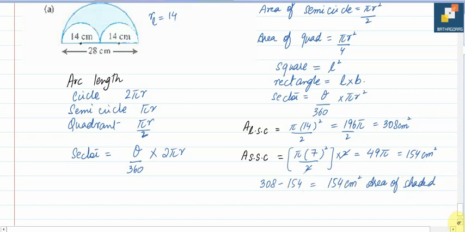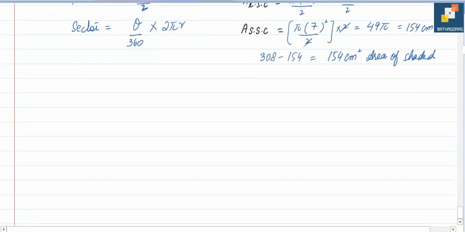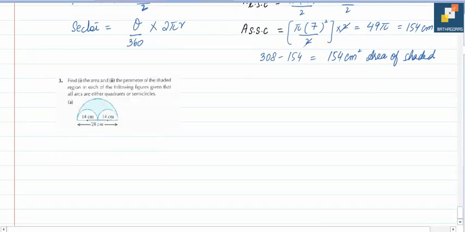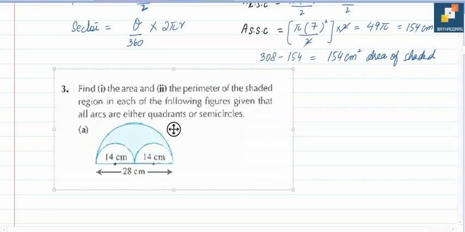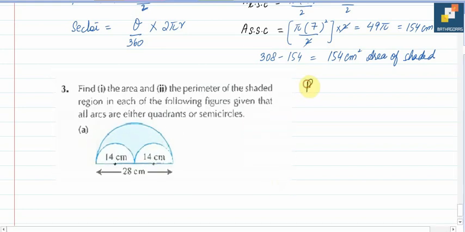Now after that you need to find the perimeter. For perimeter, first let me paste the figure again so I can explain better. Now perimeter, stick with me on this. Perimeter is the sum of all sides.